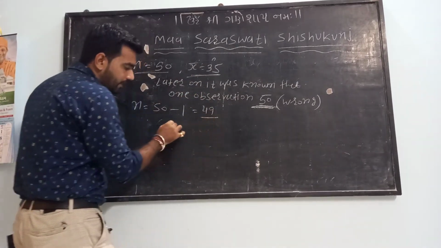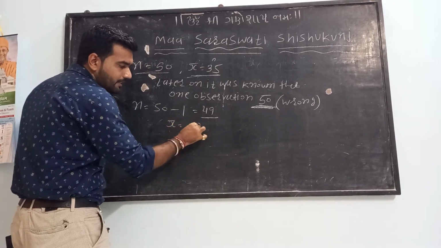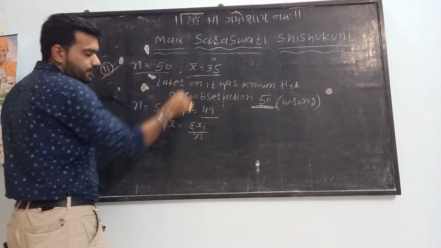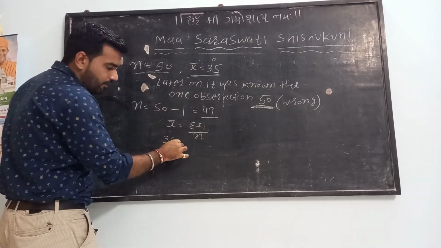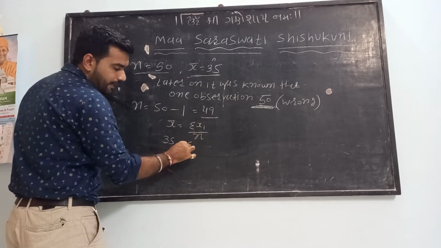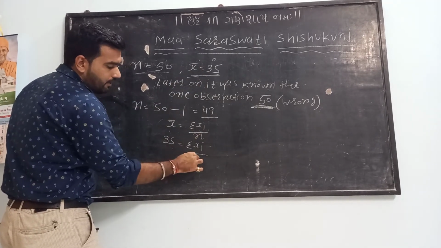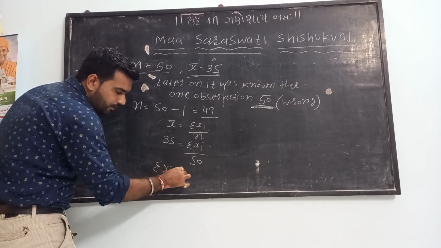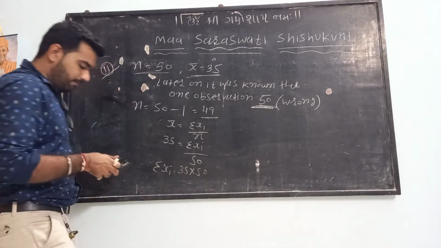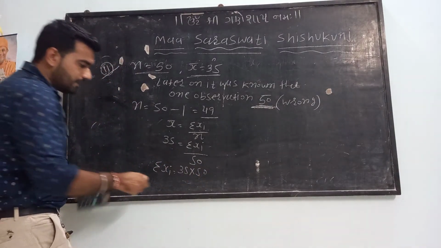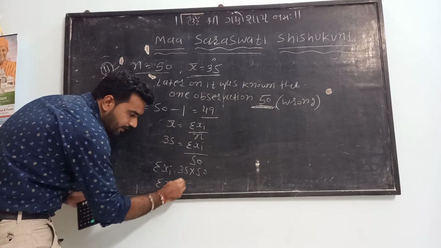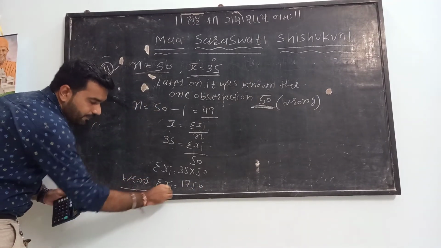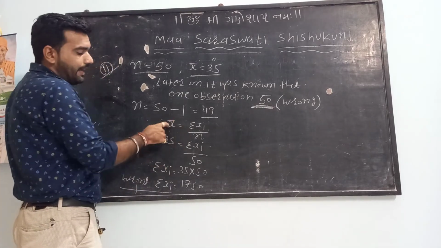Now the mean formula is x bar is equal to sigma xi upon n. Here x bar is given as 35, which is the wrong mean, and n is equal to 50. So sigma xi is equal to 35 multiplied by 50, which is 1750. This is the wrong sigma xi, because the x bar we used is wrong.